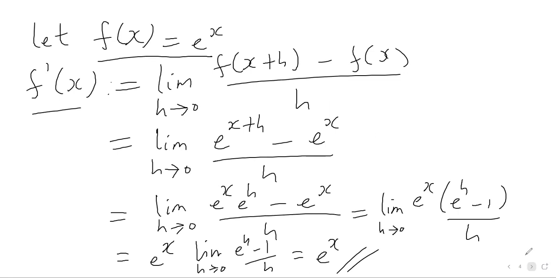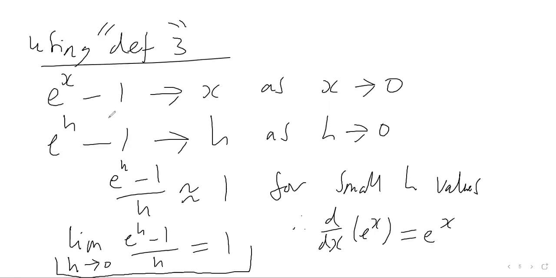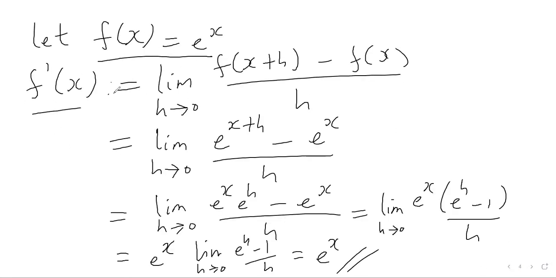And using this last definition, we just had to do a little bit of analytical reasoning to explain that the limit as h goes to 0 of e to the h minus 1 over h is 1 from definition number 3. And from that, using the original definition of differentiation, we can prove that e to the x has a derivative of e to the x.